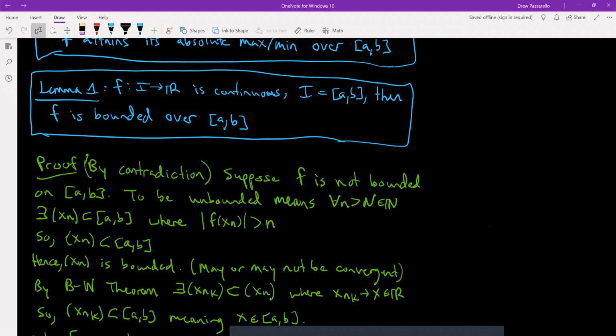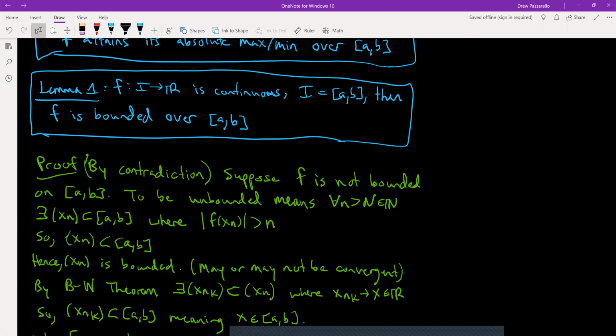Since we're assuming f is not bounded, there's going to be a sequence x_n in the closed interval [a, b]. But since the sequence x_n is in the closed interval [a, b], x_n is bounded. Now what we don't know is if it converges or not. It may converge, it may not converge.